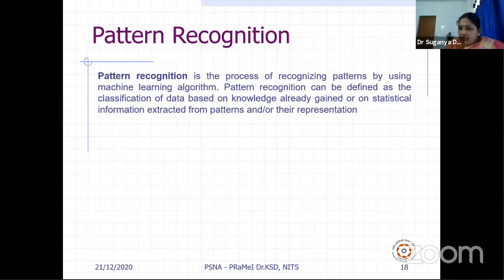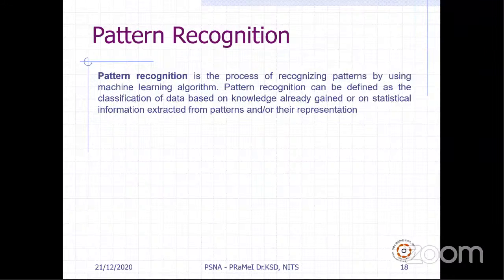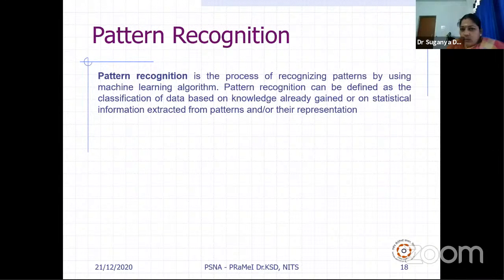So machine learning is nothing but giving some artificial intelligence to the machine to learn, with respect to the application, from its surroundings or the data. Pattern recognition can be defined as the classification of data based on knowledge already gained or on statistical information extracted from patterns.